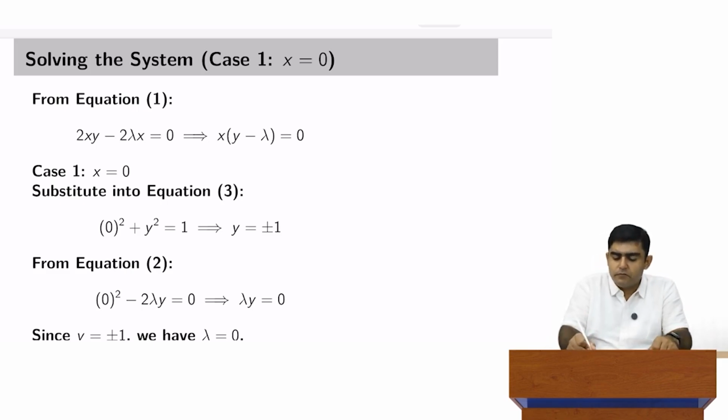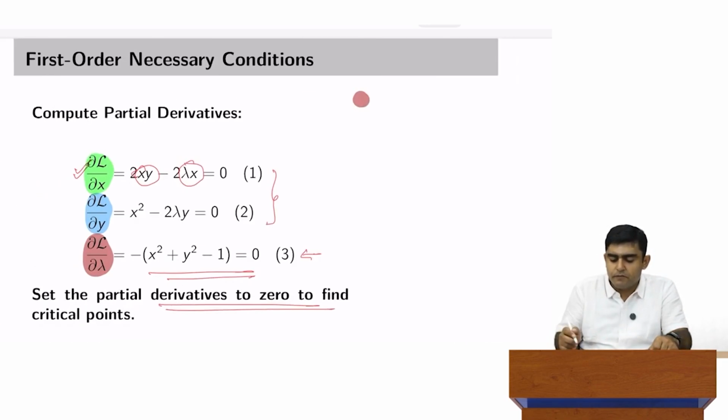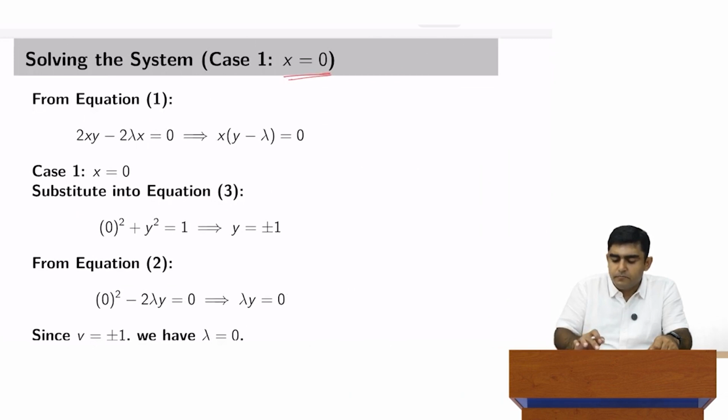In the first case, we put x equal to 0. If we simplify equation number 1, we get x times (y minus lambda) equal to 0.